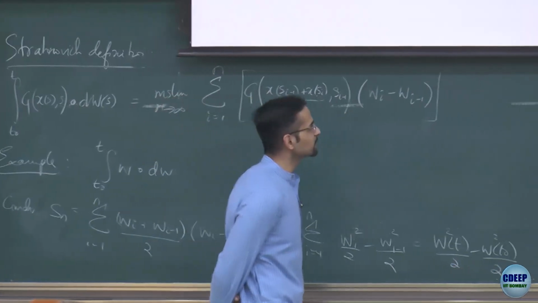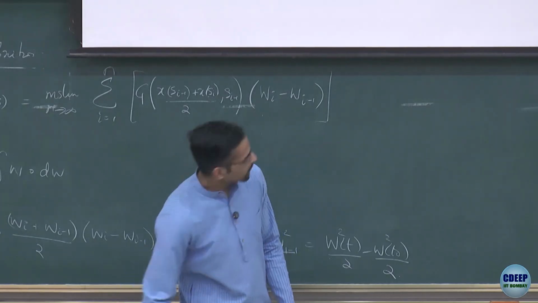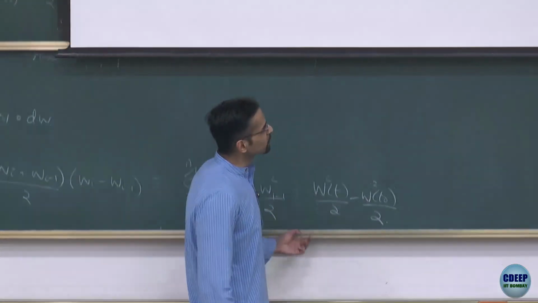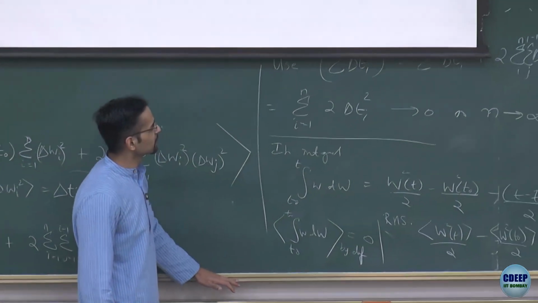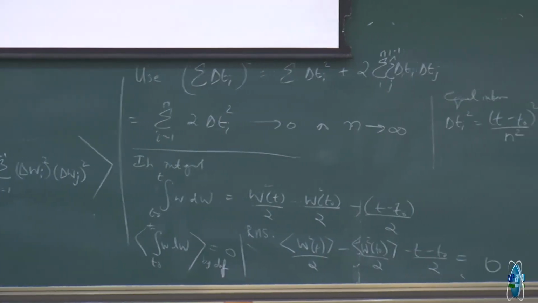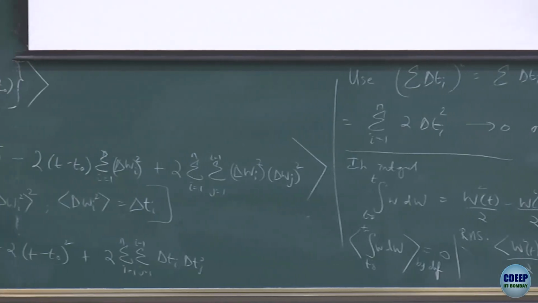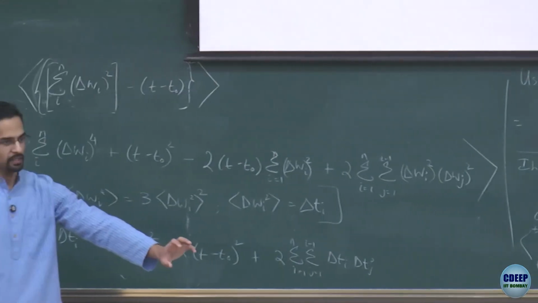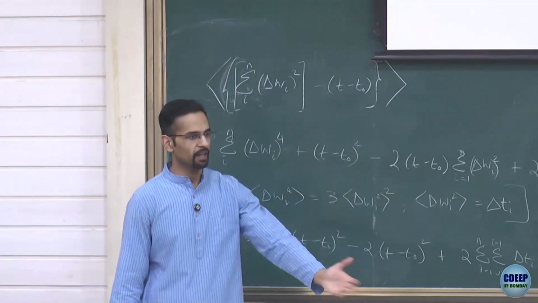But one, you can already start to get some idea, since we have 5 minutes. So if you look at what gave rise to this correction in the Ito case, this t minus t naught, that came because when I do this partial sum, I will ultimately retain all things up to order delta t. Anything of higher order than delta t will vanish as n goes to infinity.